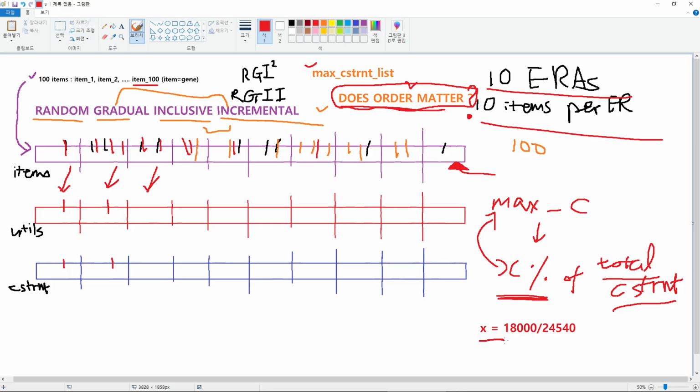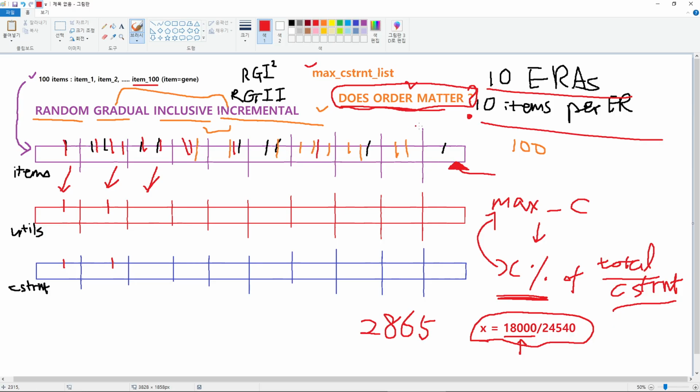Well, I still wanted to keep the last maximum constraint for the last era to 18,000, so that I would know if I have the true ceiling, which is 2865.